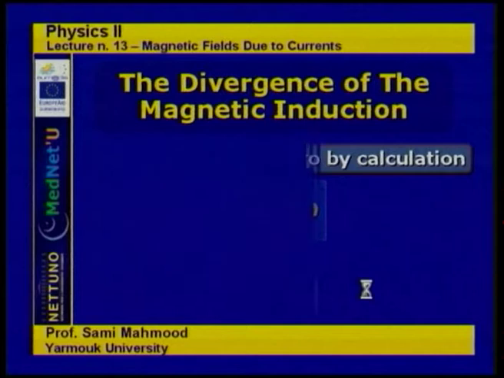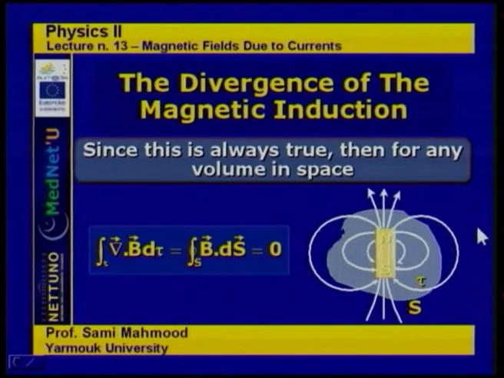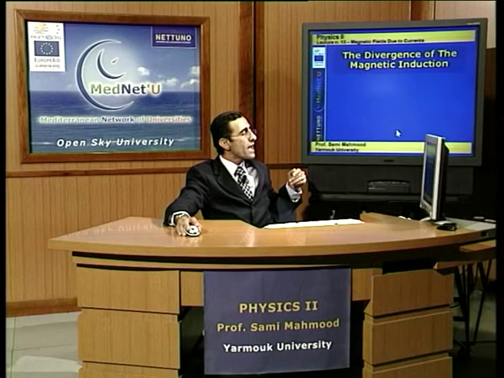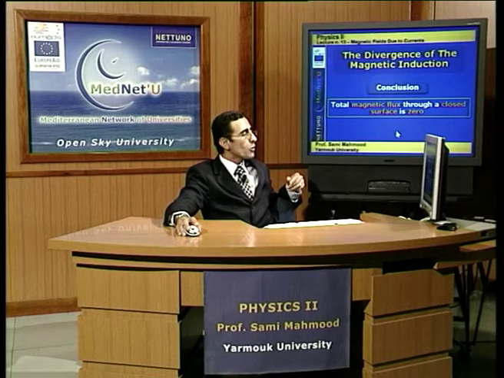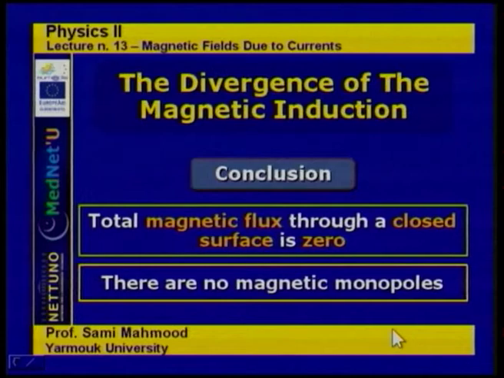And div B equal to 0 means that the flux over any closed surface surrounding a bar magnet is equal to 0, and that means that we have no magnetic monopoles. Magnetic monopoles do not exist in the universe.